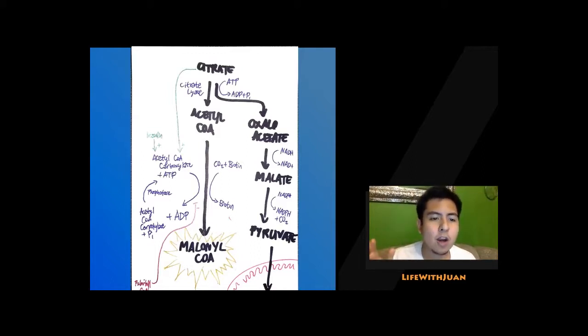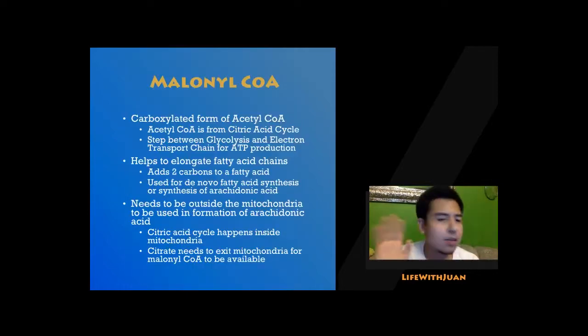So acetyl-CoA carboxylase is active when it's dephosphorylated, and dephosphorylation happens via the enzyme phosphatase. When it's inactive, it has a phosphate group attached, which is essentially phosphorylated acetyl-CoA carboxylase, right? It's all putting stuff together. Let's talk about malonyl-CoA first. I'm too excited.